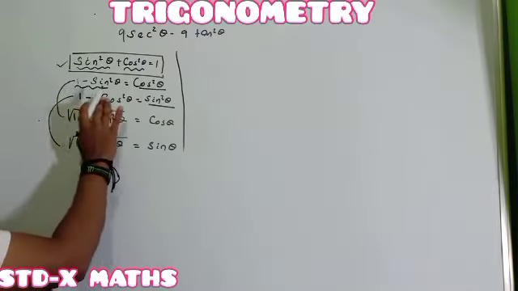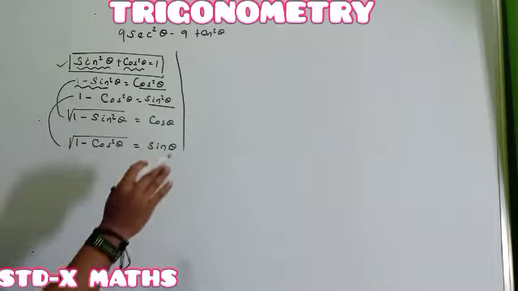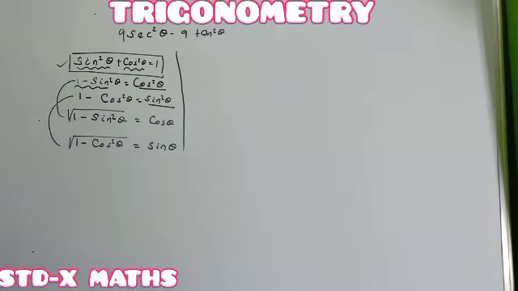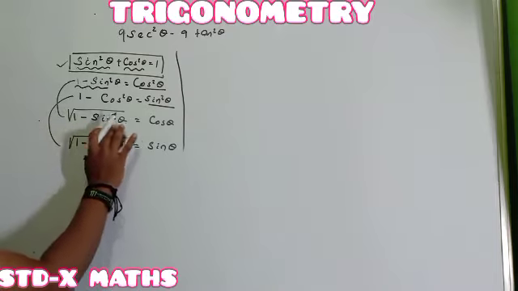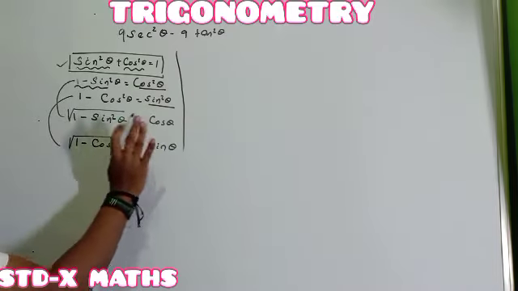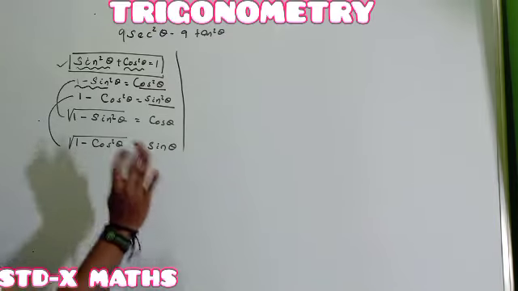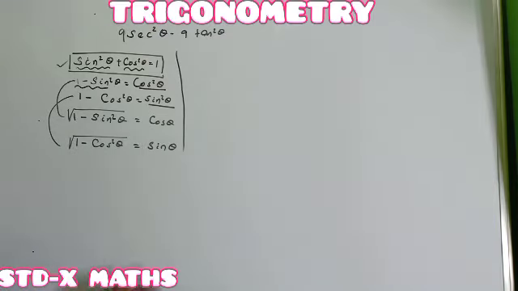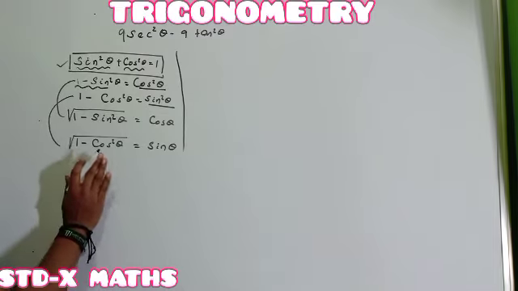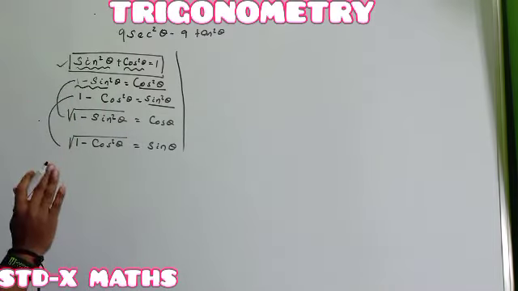Whenever you get 1 minus cos square theta, put sin square theta. Whenever it is the root of 1 minus sin square theta, put cos theta. Whenever it is the root of 1 minus cos square theta, put sin theta. So from the single trigonometric identity, I got 4 different forms.